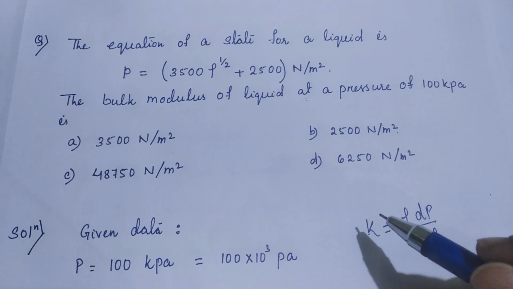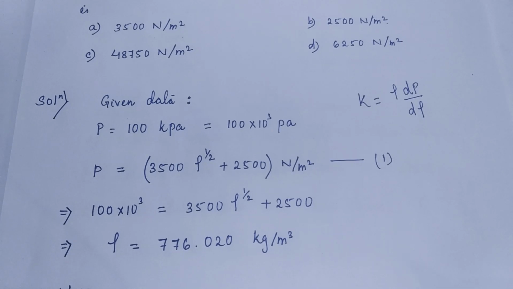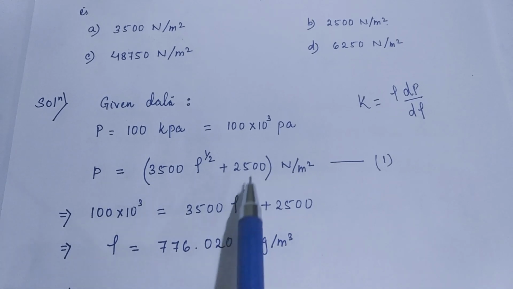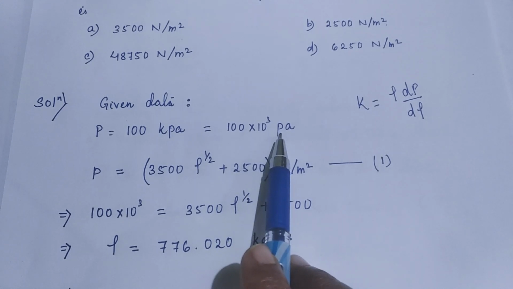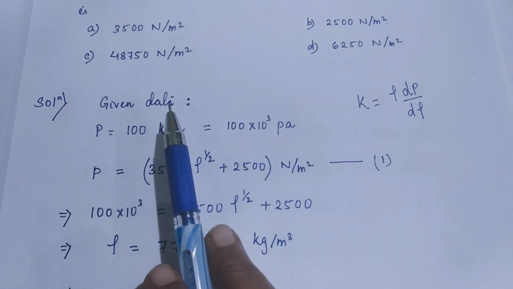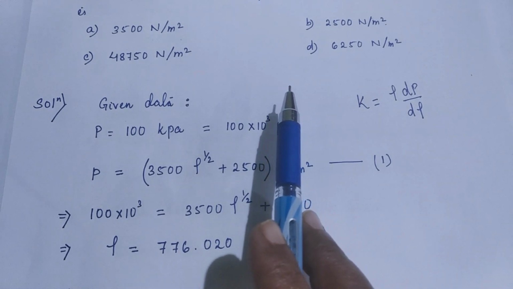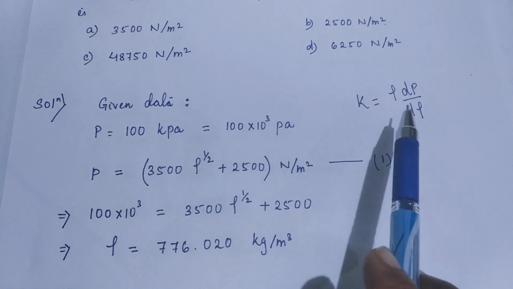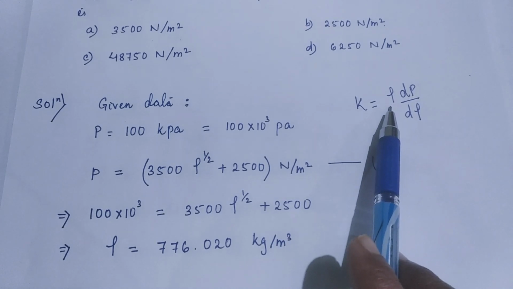So here is the data given in the question, that is P equal to 100 kilopascal, that is equal to 100 into 10 to the power 3 Pascal. That is the SI unit, because all the options given in this question are in SI unit. So first, we find out the magnitude of rho, that is density.